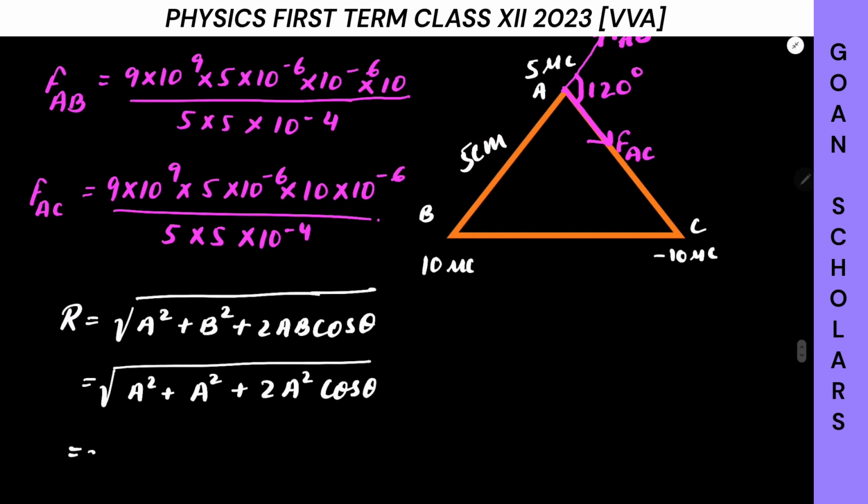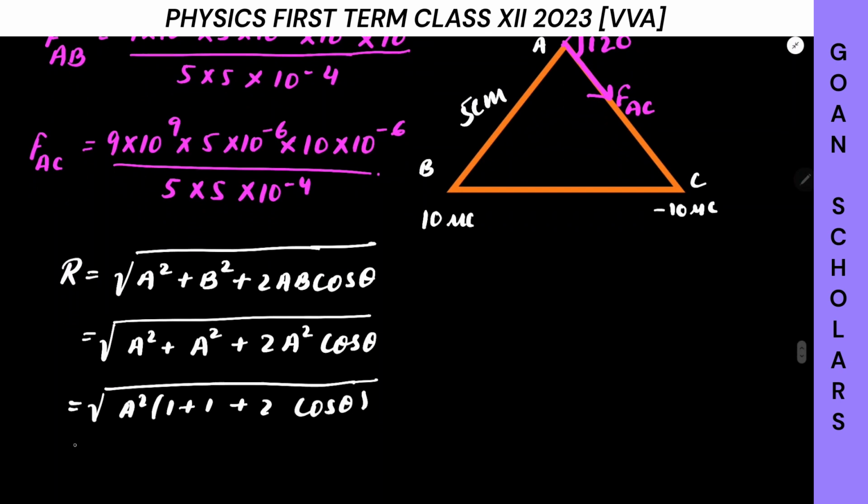And if you take A square common, it will be A square into 1 plus 1 plus 2 cos theta. Correct? So we can further write it as A square into 2 plus 2 cos theta. Correct?